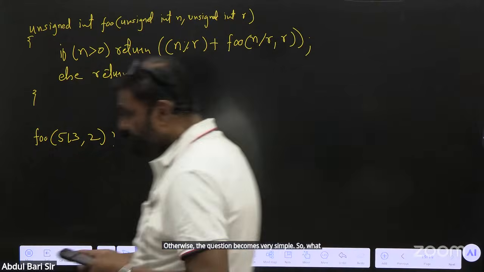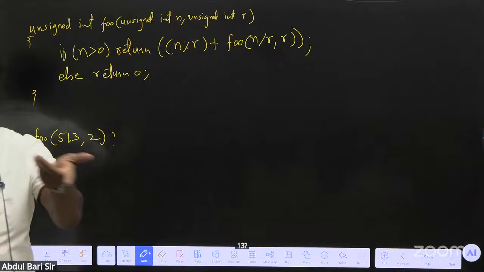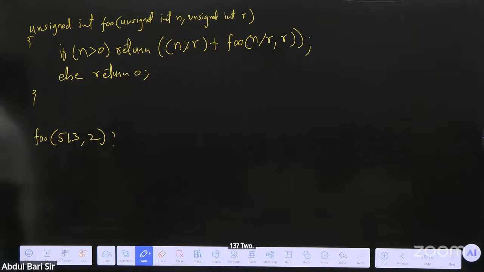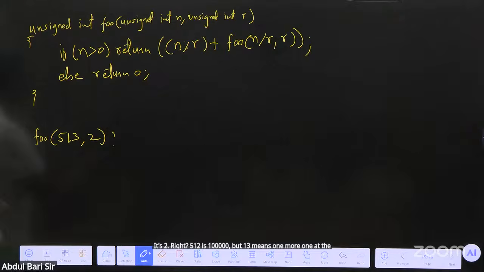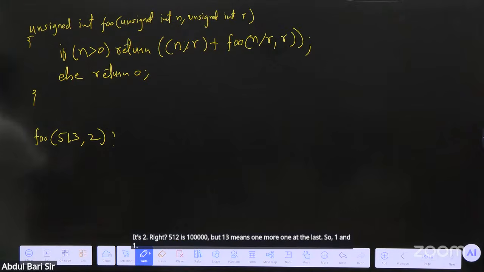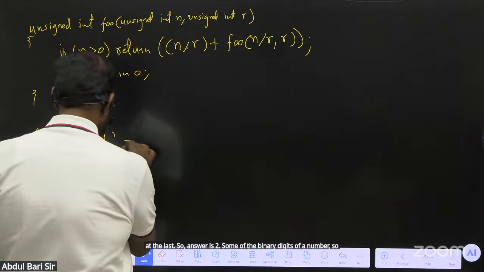So what is the answer for 513? 2. Yes, 2. Right? 512 is 1000000, but 13 means one more 1 at the last. So 1 and 1 at the last. So answer is 2. Sum of the binary digits of a number. Yes, perfect.